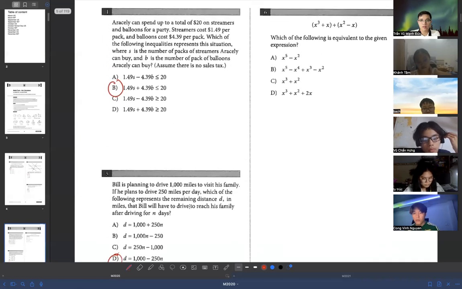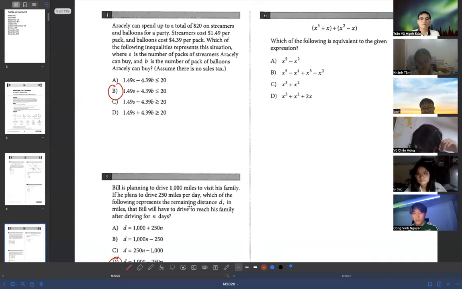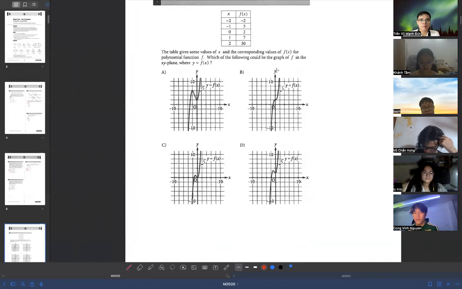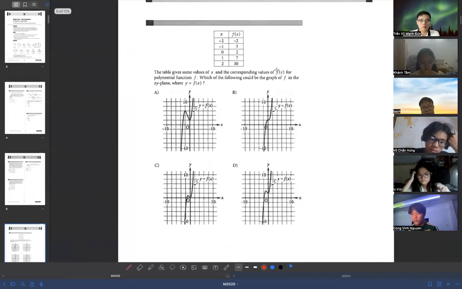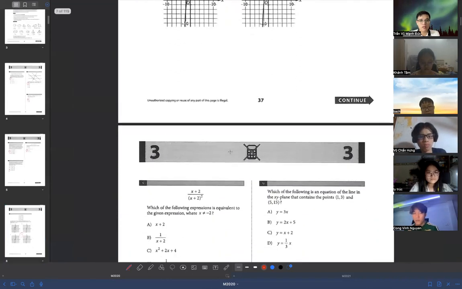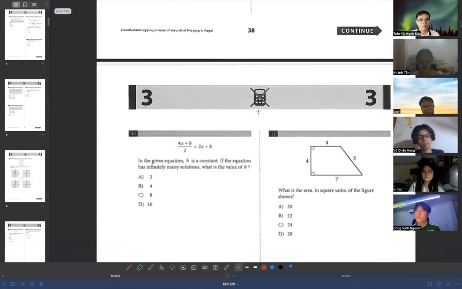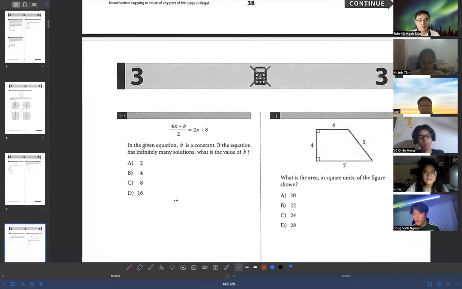Good. 6 is C. And 7D. Right. Good. Next up, Lena. 8B. 9A. Right. 10D.